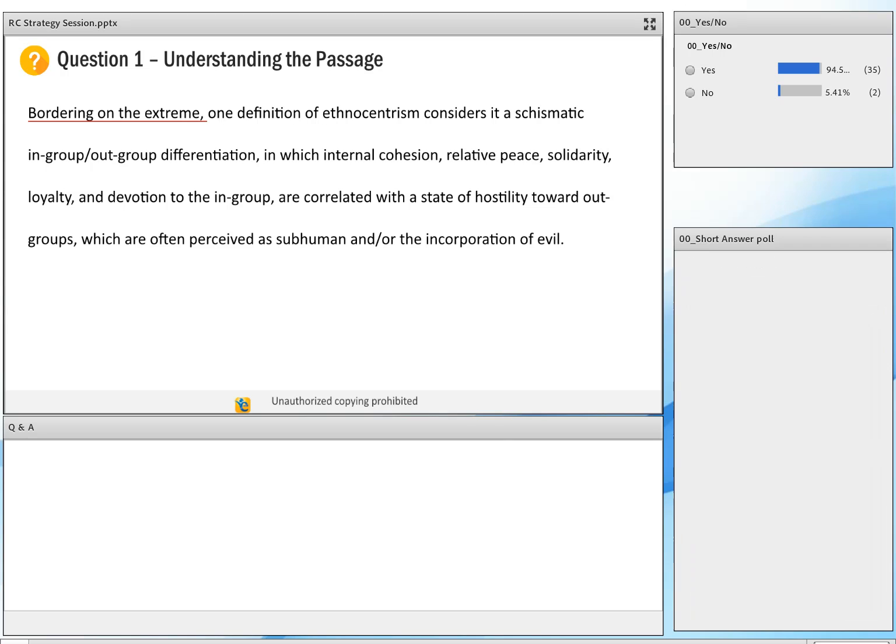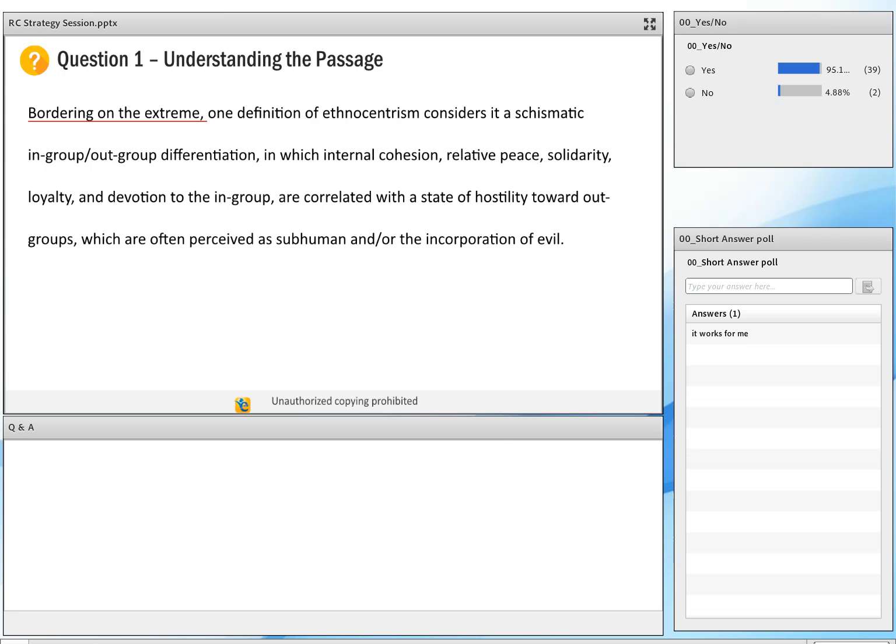Let me actually clear the poll, the short answer poll, so yeah, is this better? All right, it's good. So if you're still breaking, then it's an internet connection issue at your end overall. I would just recommend you log off and join again. The issue is more at your end.